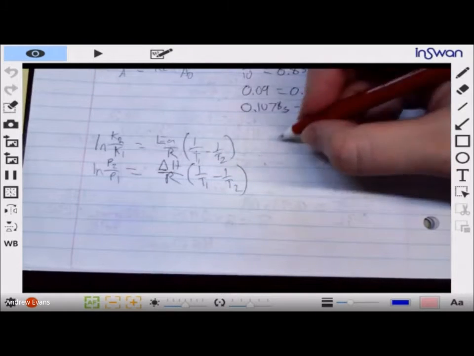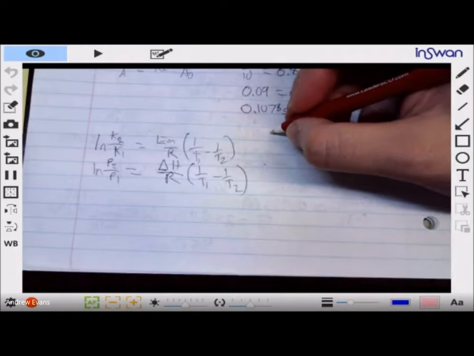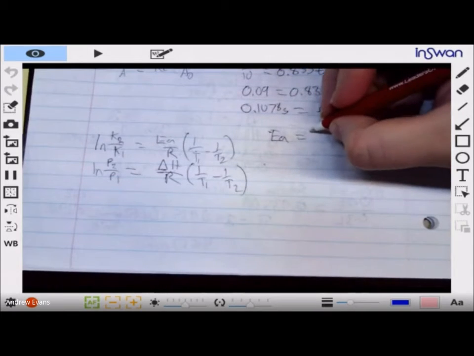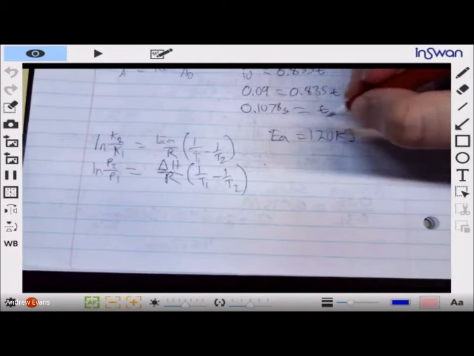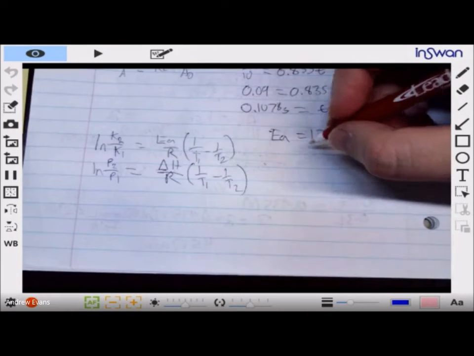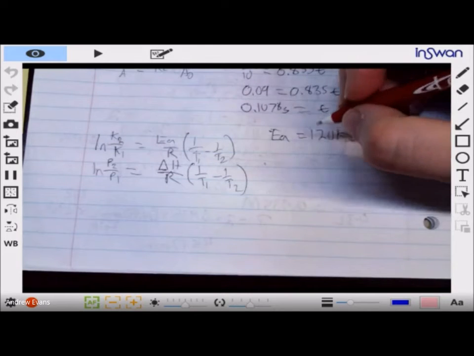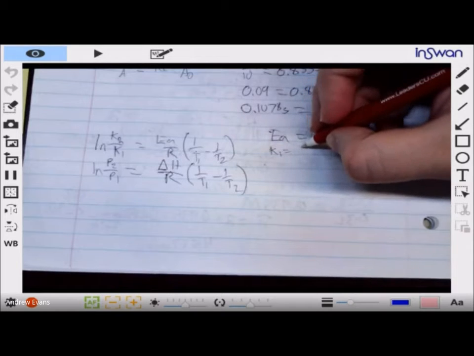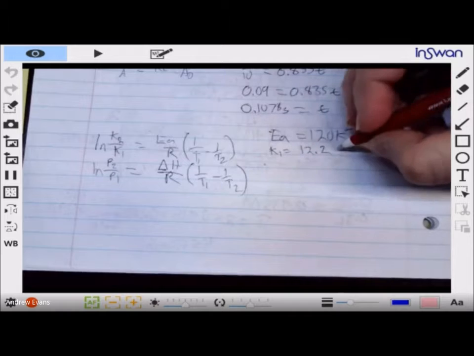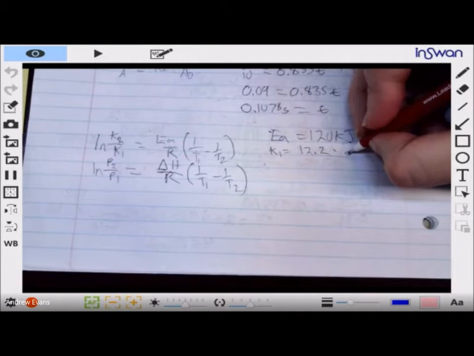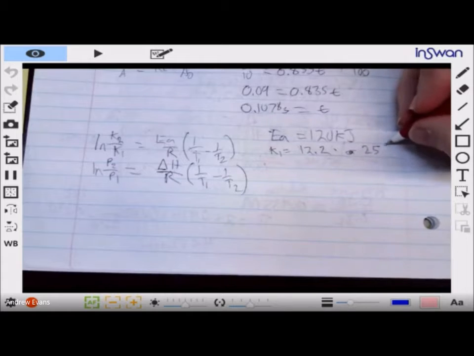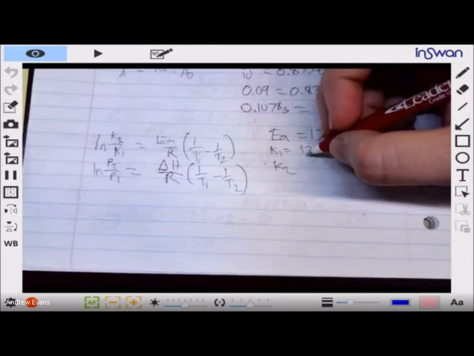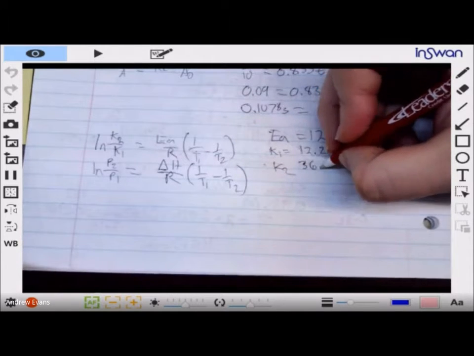But given this, if I have an activation energy of, say, 120 kilojoules, and our K1 is 12.2 at 25 degrees, what temperature would it take to get to, say, 36.6?